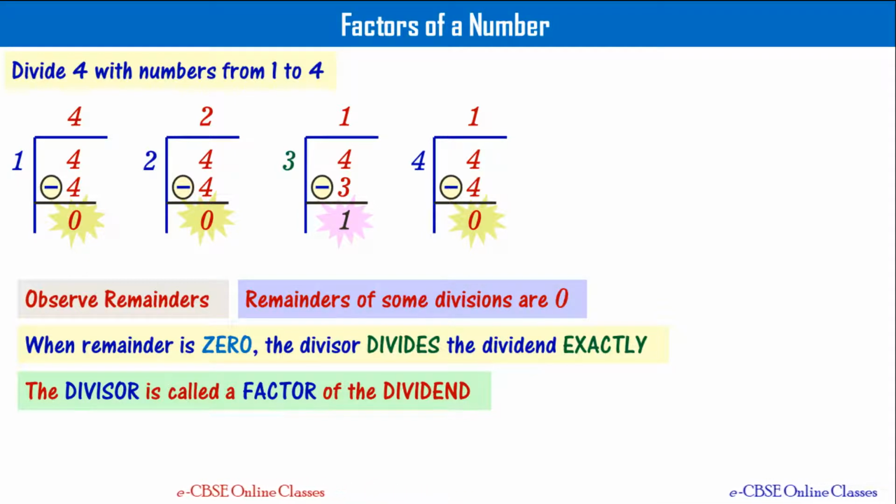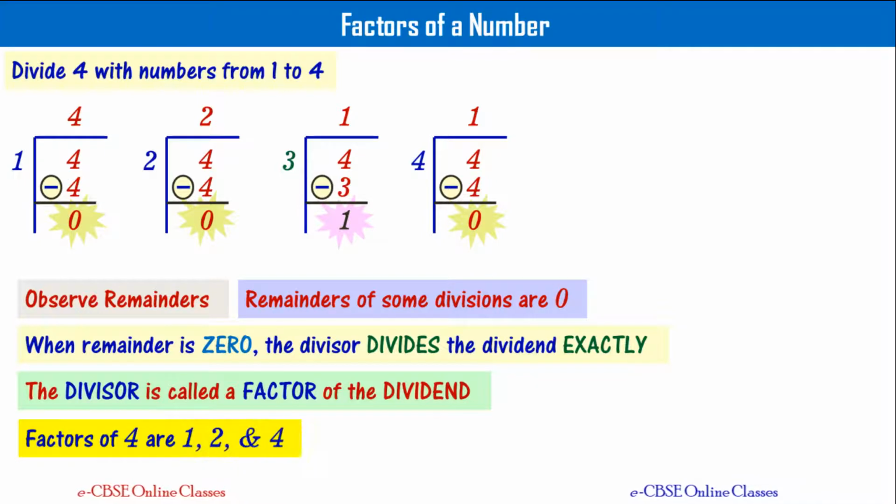Please take a note of that. In this particular case, factors of 4 are 1, 2 and 4 because for these divisions we have remainder 0. In the case of number 3, the remainder is 1. That's why number 3 is not a factor of 4. Please take a note of that.